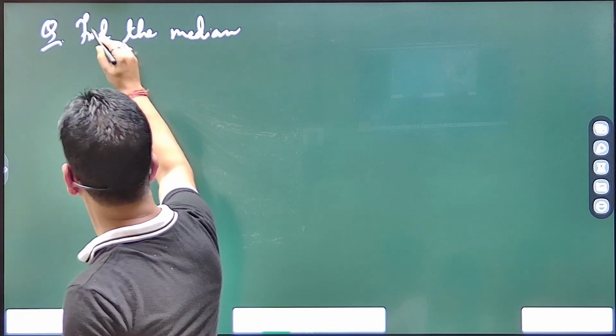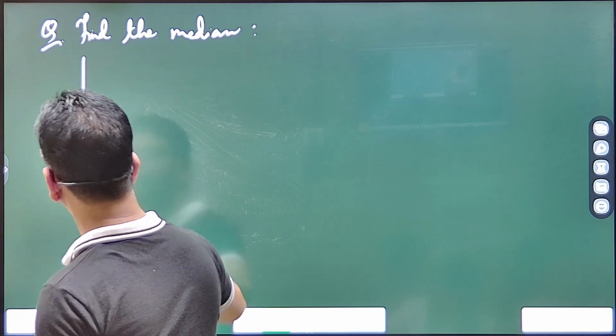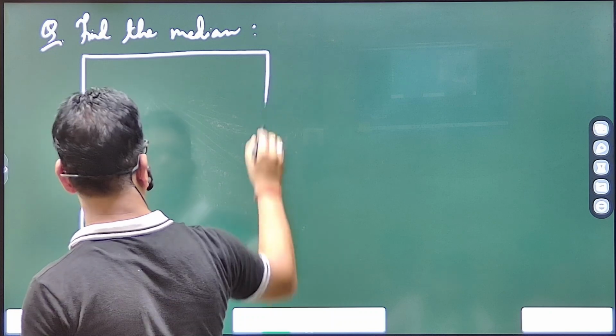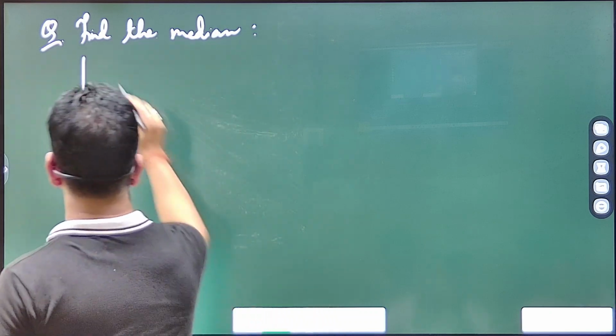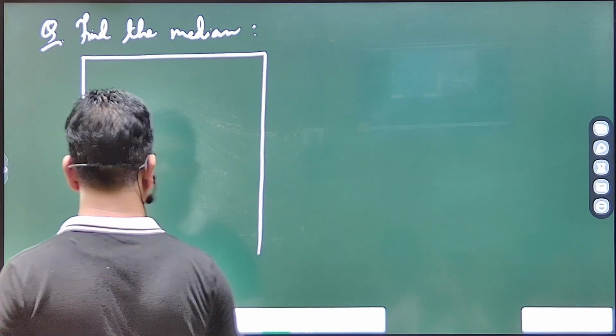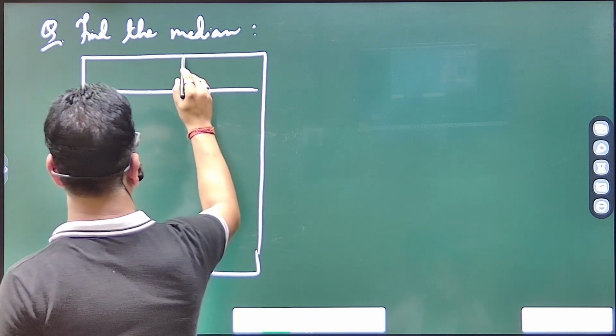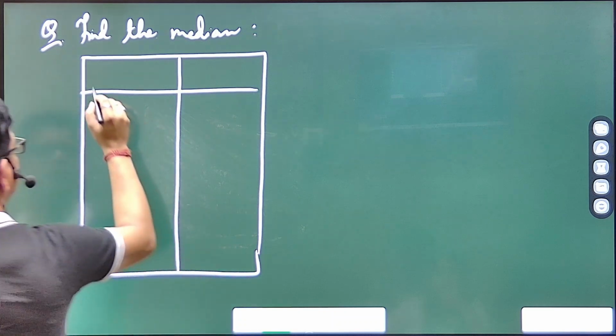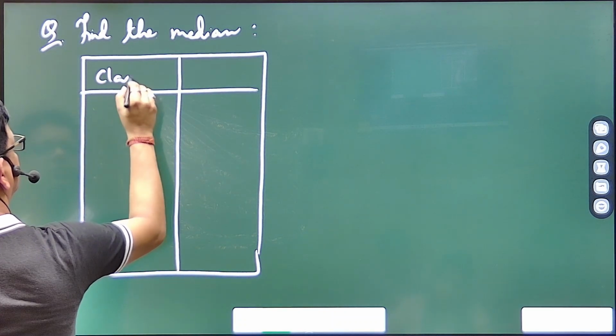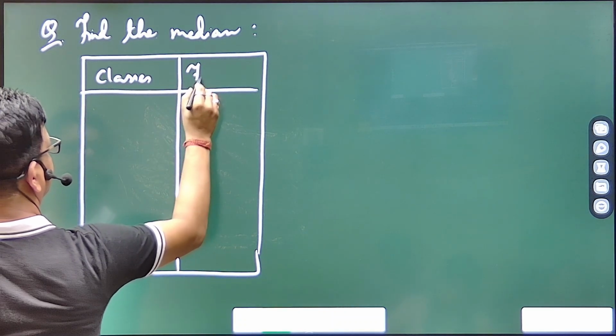Find a median. Okay? Please try to understand the difference, what to do initially in this. We need to find a median for this grouped data. Suppose I'm writing in short, these are classes, these are frequencies.